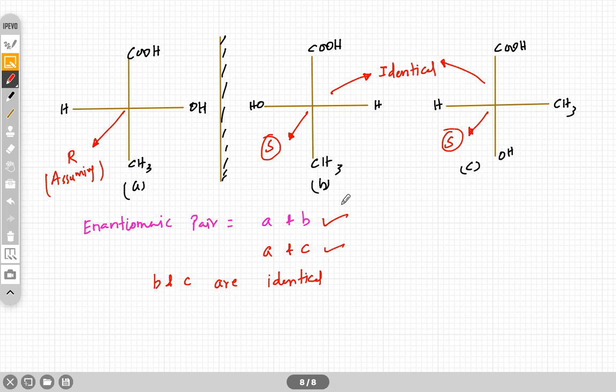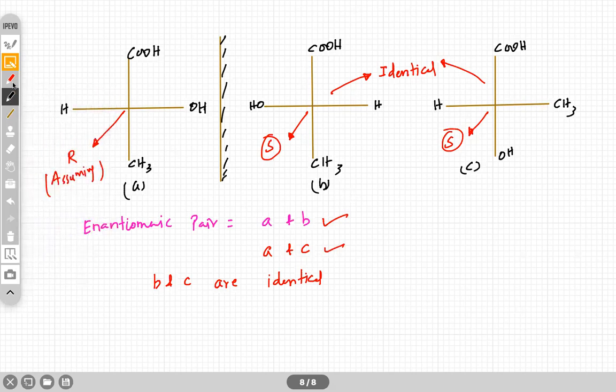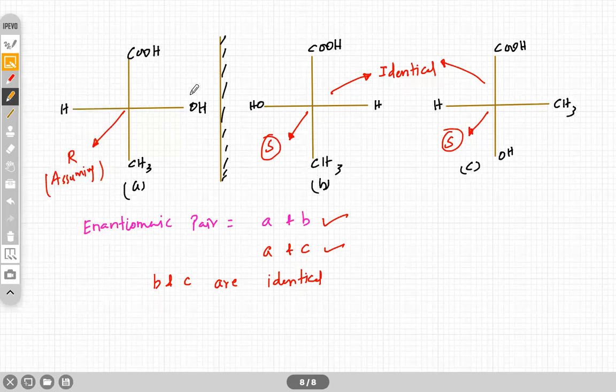Could you tell me the exact configuration of this one? First one is S. It is 1, it is 2, it is 3, and it is 4.